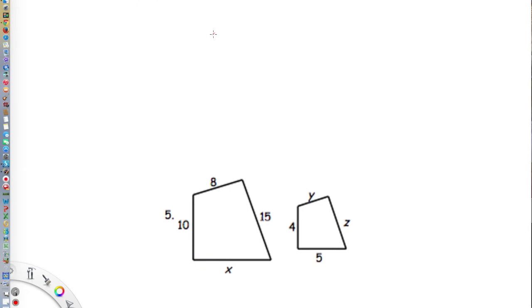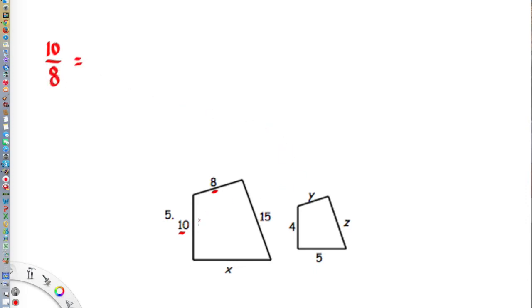Let's take a look at number 5 in our packet. Now, number 5, we're taking a look at two similar polygons. Just like triangles, when we have similar polygons, their corresponding sides are going to be in proportion to one another. They're proportionate. So I'm going to first take a look at these two sides, the side that's 10 and the side that is 8, and I need to find their corresponding sides.